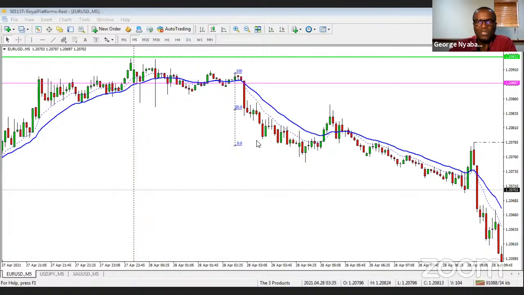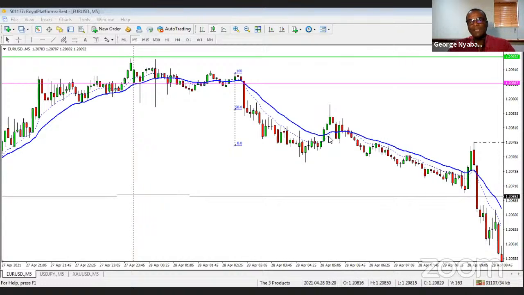So now you just kind of wait. You have a breakthrough there, you have a follow through, but you're right at the measured move. So wait to see what happens. The market gets there and it pulls back. That's what's going to happen. The bulls are strong enough, get over the moving average, follow through, but immediately there is a failure and we have a lower high double top at this stage.